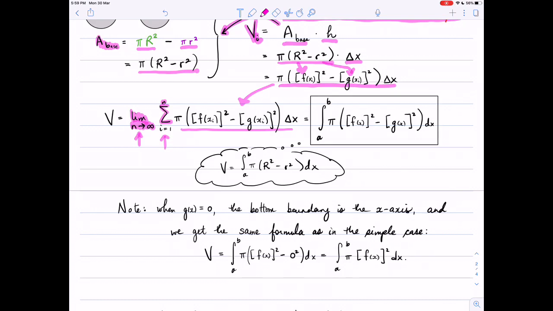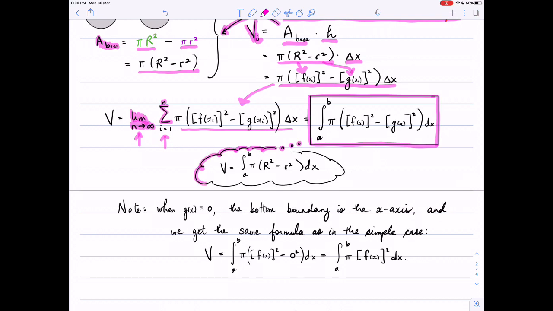We recognize the limit of the sum like that as a definite integral. And so the definite integral formula in our case is the integral from a to b of pi times f squared minus g squared dx, which is the correct formula for this situation, but is not the way that I usually think about it, or that most people usually think about it.